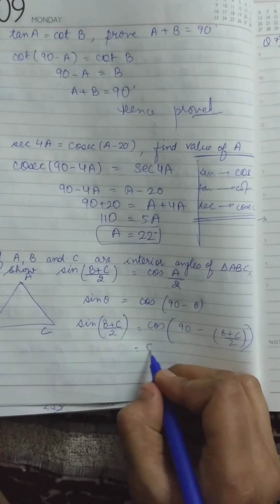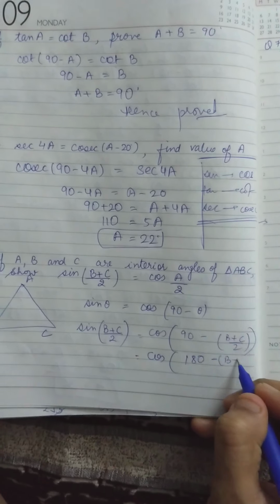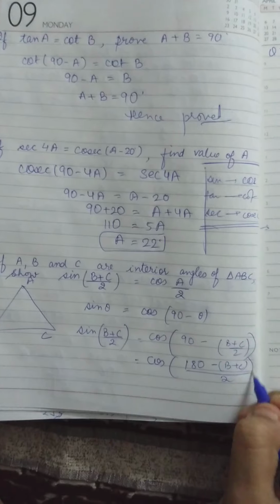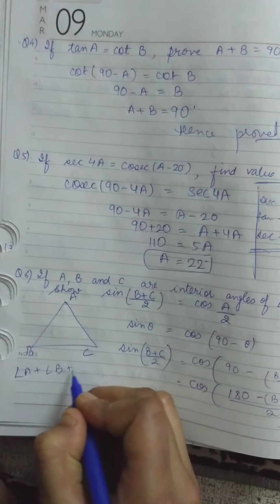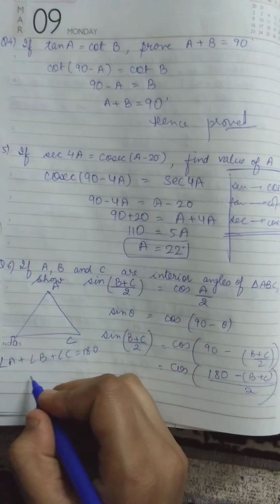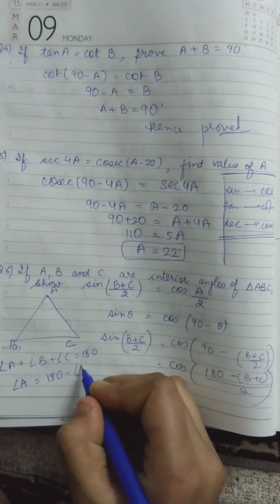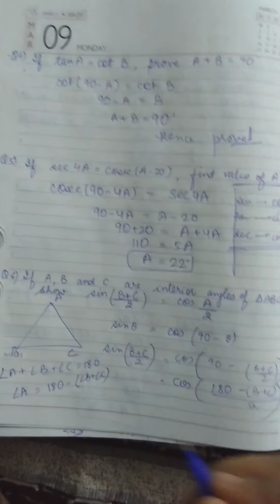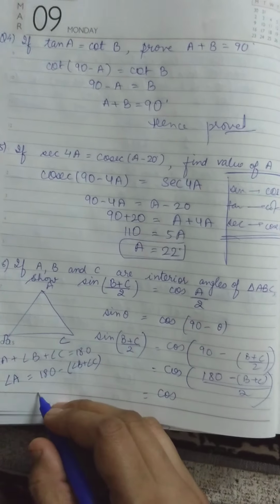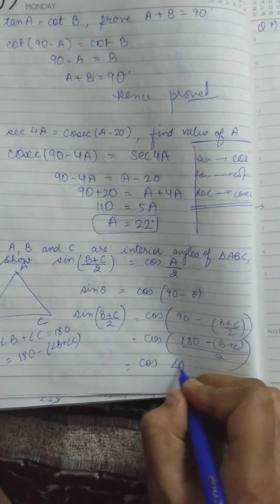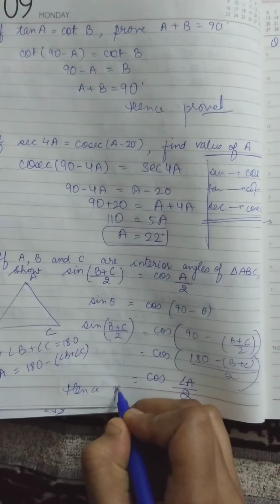If I take the LCM, I can write it as cos of 180 minus B plus C upon 2. Now you see in this figure, angle A plus angle B plus angle C is 180 degrees by angle sum property. So angle A can be written as 180 minus angle B plus C. If I substitute this value here, 180 minus B plus C is angle A. So I can write it as cos angle A upon 2, and this we have to prove. Hence proved.